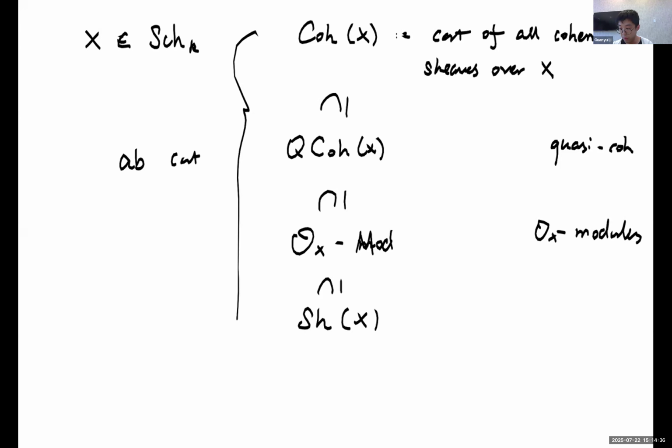By classical homological algebra, we have a functor from the category of sheaves on X to the category of abelian groups, which takes all the rational functions defined on X.